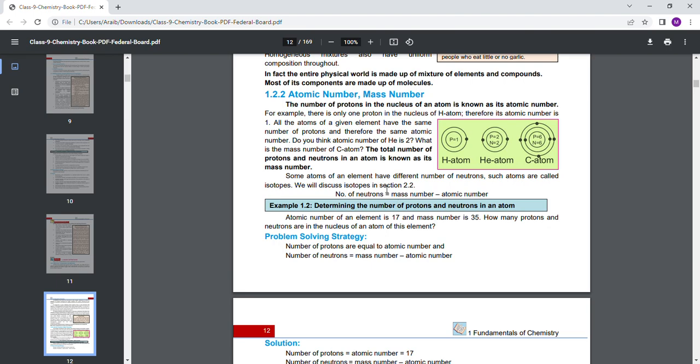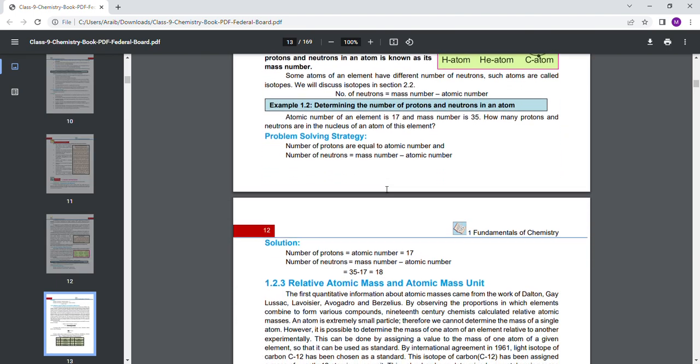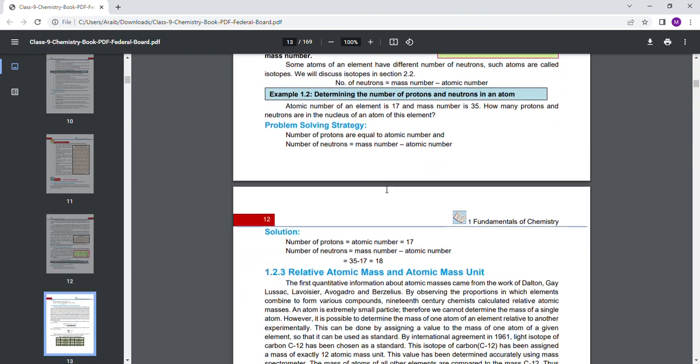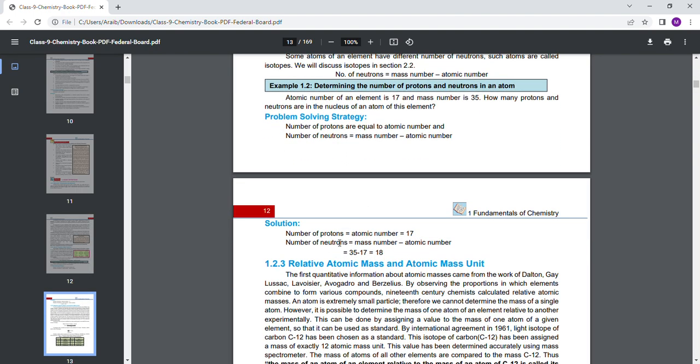Some atoms of an element have different numbers of neutrons, such atoms are called isotopes. Now we will find the number of neutrons: mass number minus atomic number. This answer will be the number of neutrons.